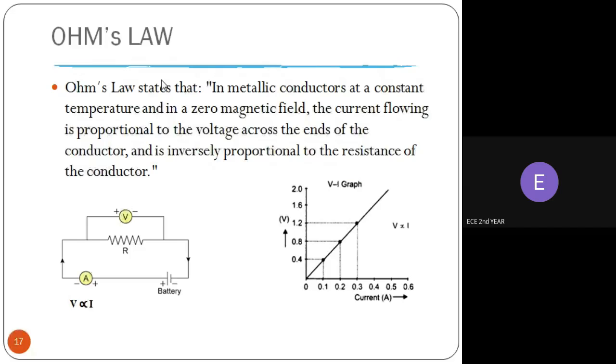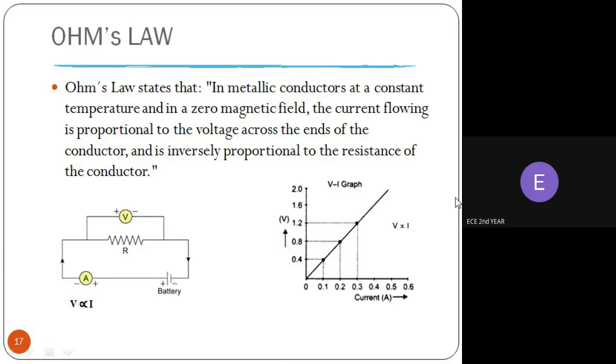So V is directly proportional to I. To remove the proportionality symbol, we introduce a constant value R, the resistance of the conductor. So V is equal to I into R.